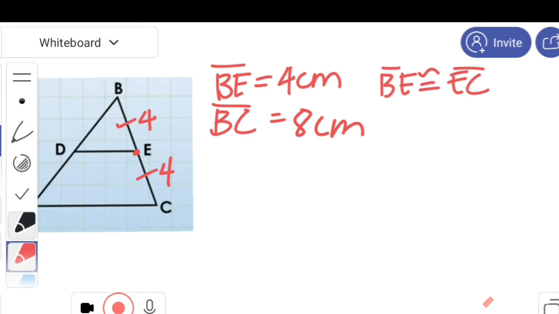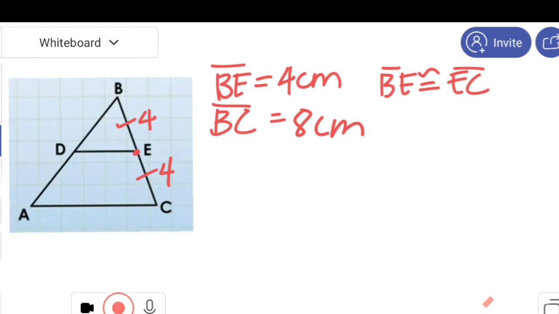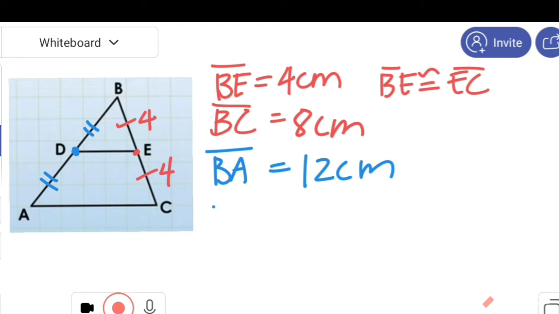Okay, how about on this side? If this segment BA with point D as midpoint, let's take BA. Segment BA is equal to 12 centimeters. Now we're looking for segment DA. The whole segment is 12. So what do you think is the measure from D to point A?